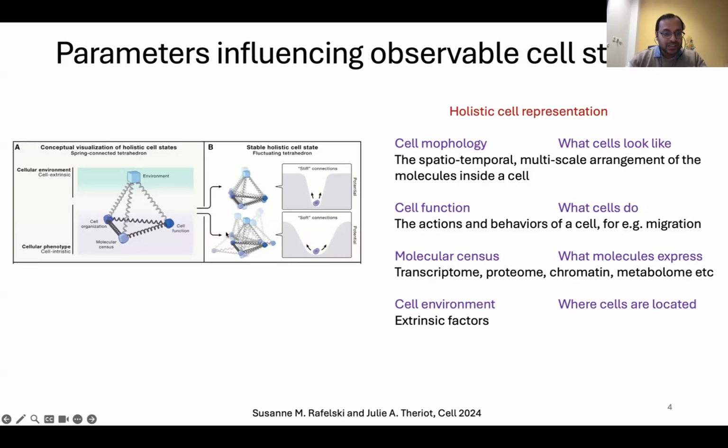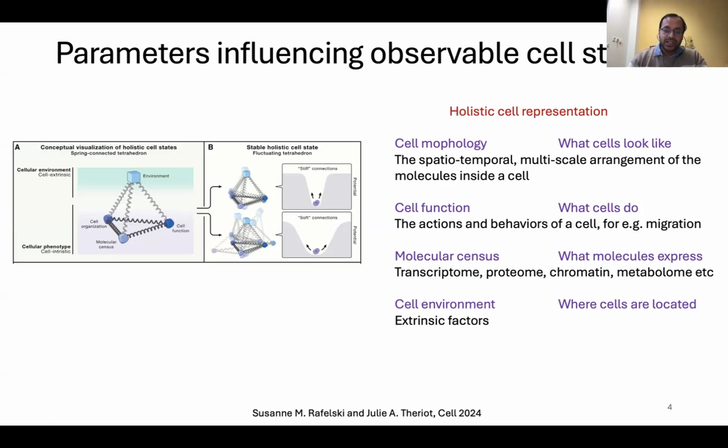The cell function is another key component, for example what cells do, whether they are migrating, proliferating, or have some bad phenotypes. Then there are molecular sensors, meaning what the molecules express, like transcriptome, proteome, chromatin, metabolome, etc., and of course the cell environment. All these four components represent a holistic cell.